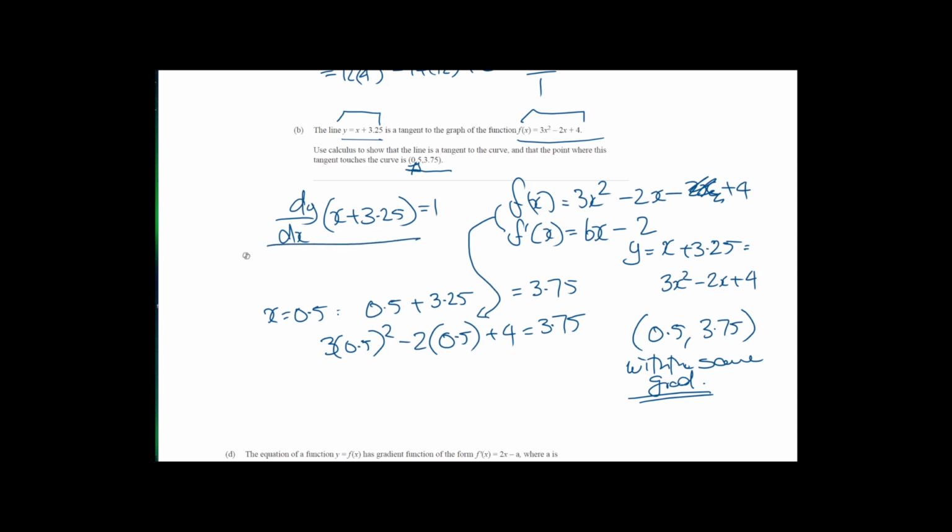I think maybe I didn't make that last one clear, so I'll do it again. The line y equals x plus 3.25, and the curve f of x is 3x squared minus 2x plus 4. It says to use calculus to show that the line is tangent to the curve. That's the line because it says so, and that's a curve obviously because it's got 3x squared in it.